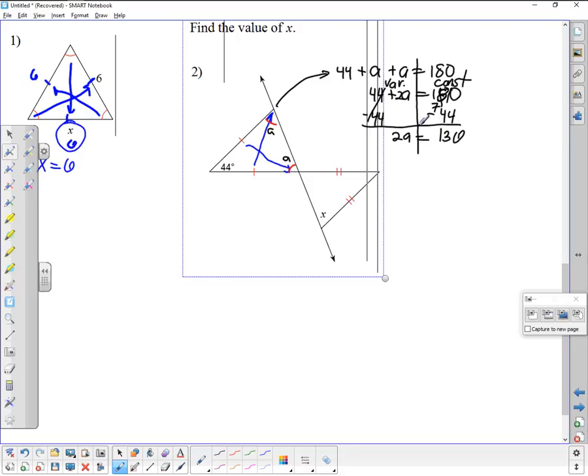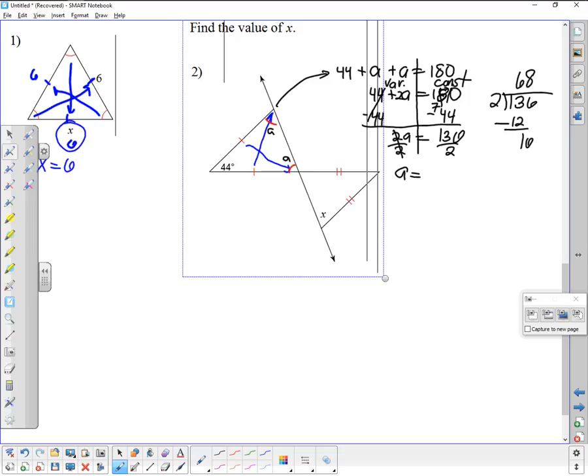Now get the A by itself, so divide by 2, divide by 2. These cancel, so A is equal to 136 divided by 2. 2 goes into 13 six times. 6 times 2 is 12. 13 minus 12 gives you 1, bring down the 6.